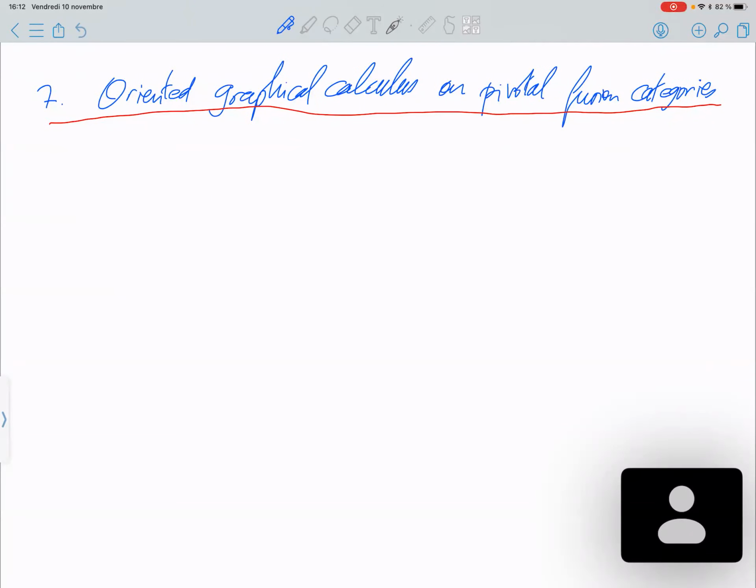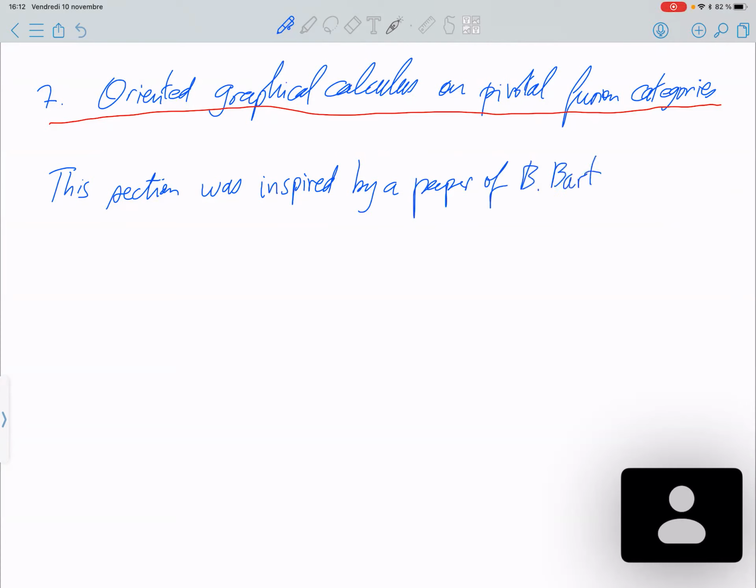But it's very close to what he did in his paper, so it deserves to be cited.